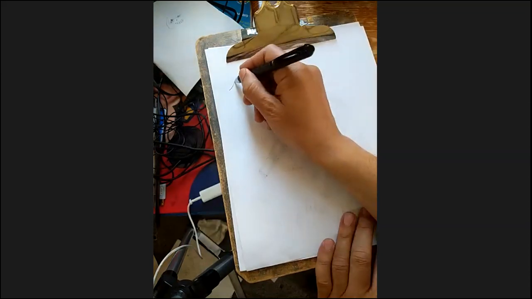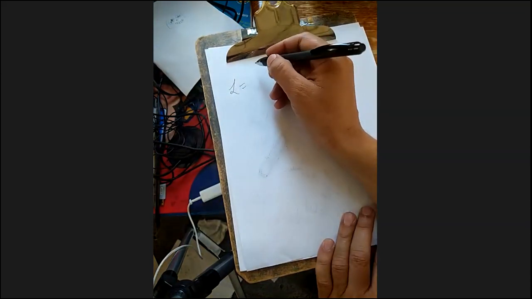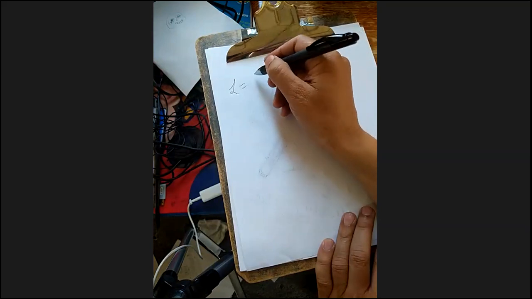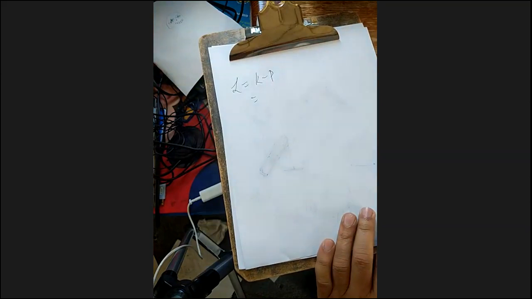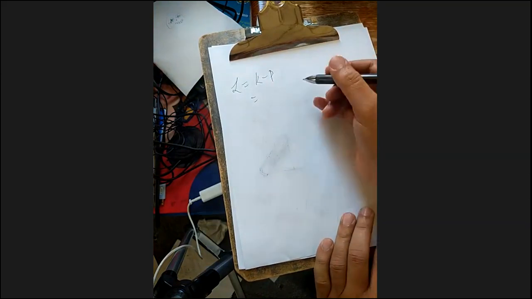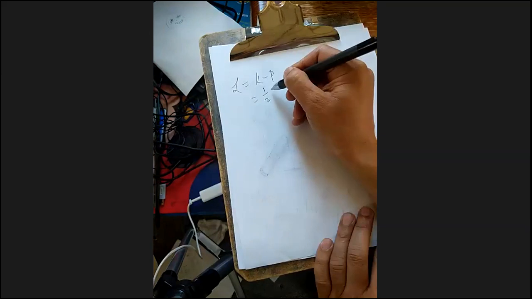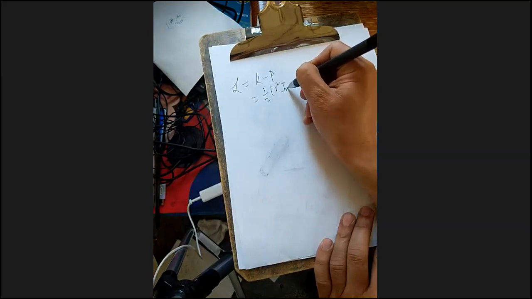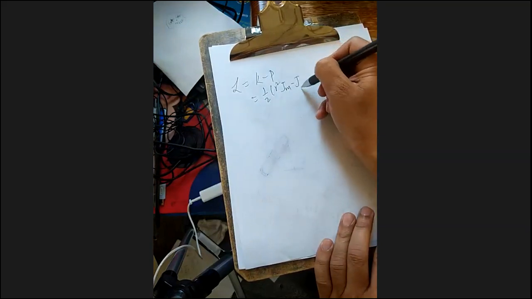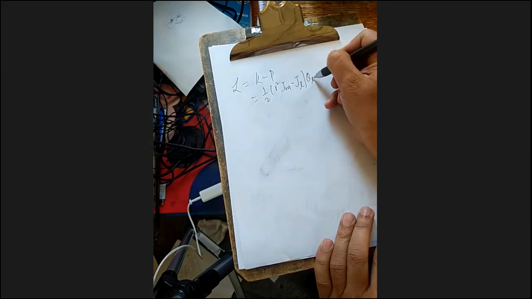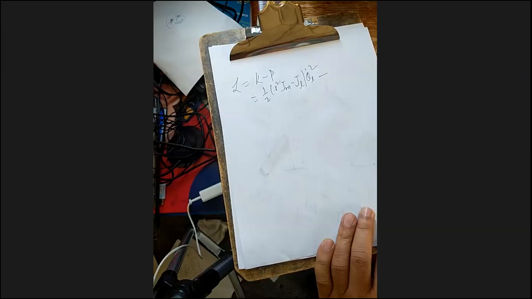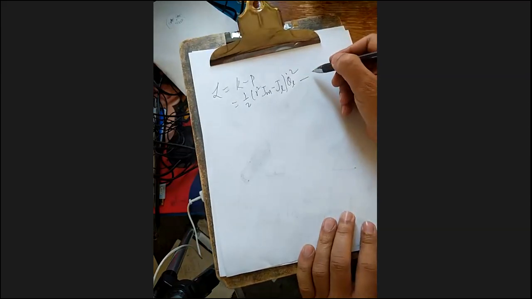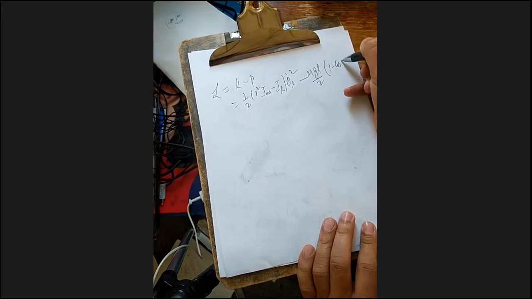L is K minus P. So K is 1 over 2 J theta L dot squared, that's my K if you remember from previous. Then my P is mg L over 2 times 1 minus cosine theta L.